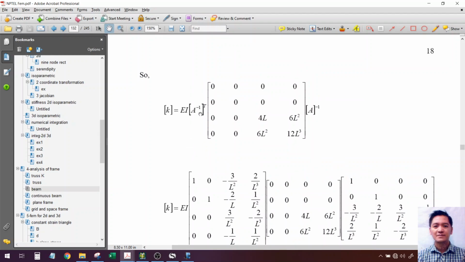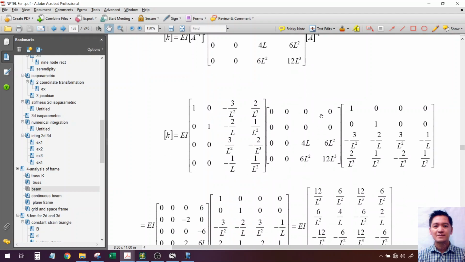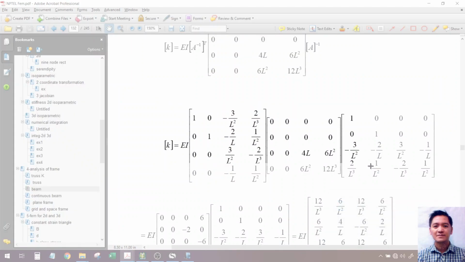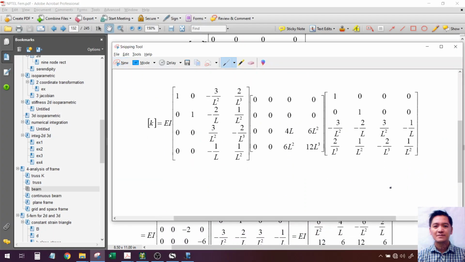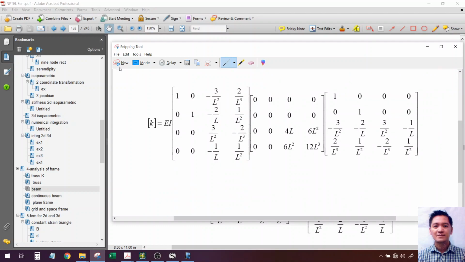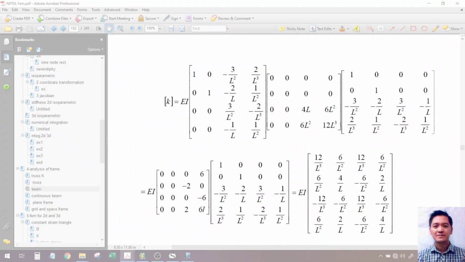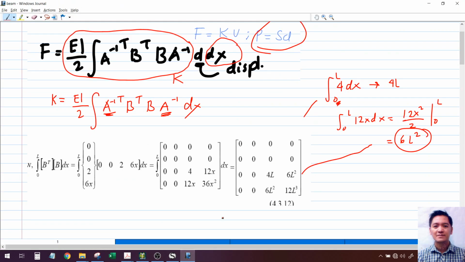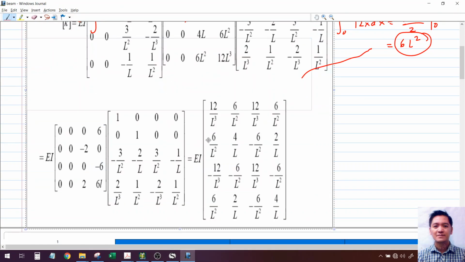K is EI A inverse transpose and the B transpose B and then A inverse. Ulitin natin.